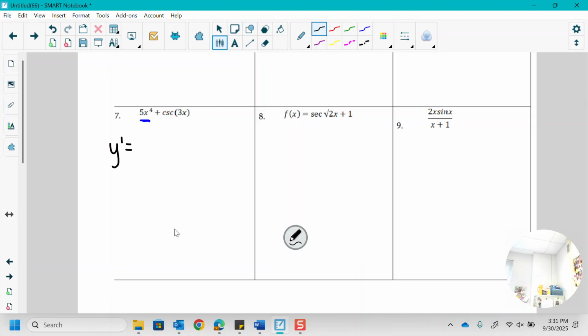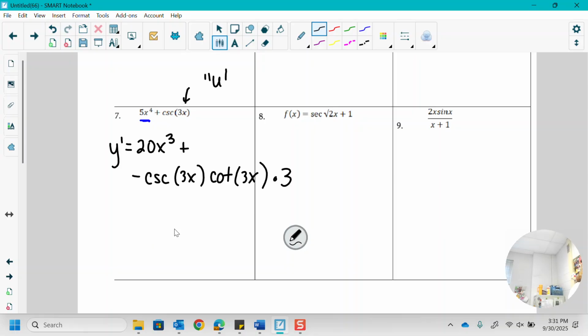My derivative is 20x cubed plus negative cosecant 3x cotangent 3x times 3. The 3x is like the u in the formula.